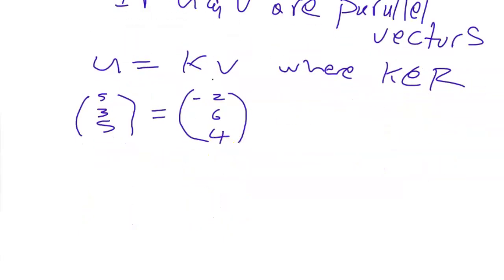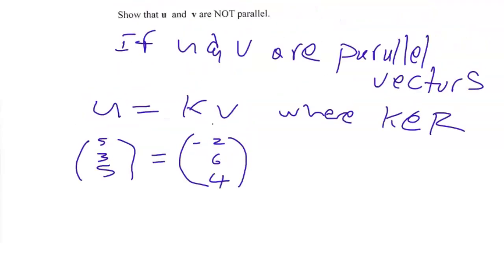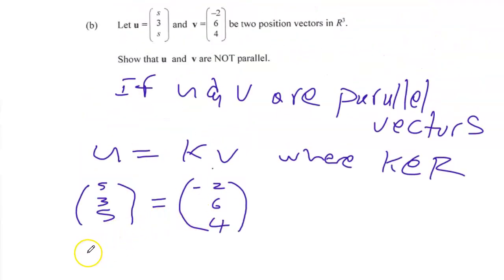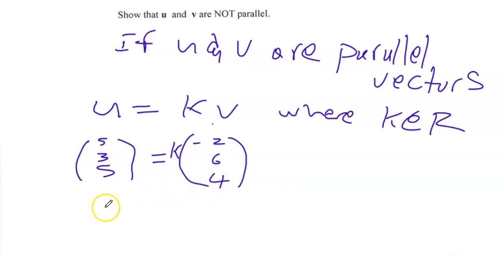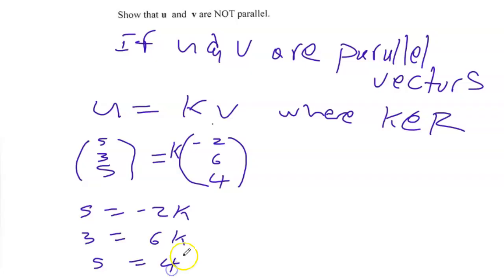So if we equate, it's k times v, right? Good. So if parallel, s would be equal to negative 2k, 3 would be equal to 6k, and s would be equal to 4k.